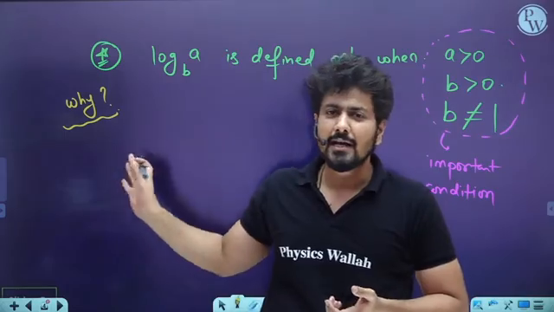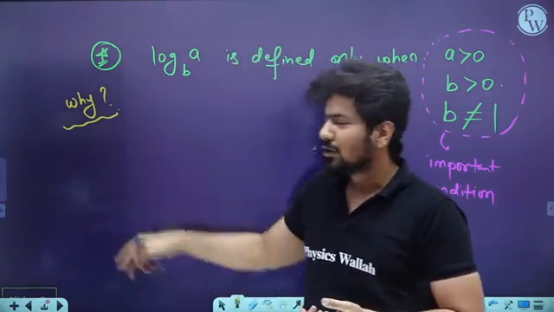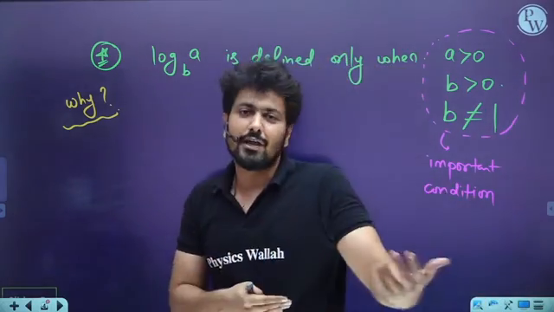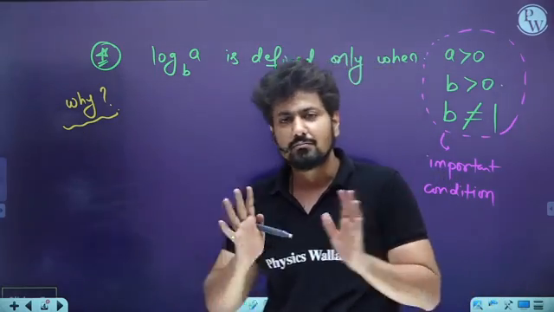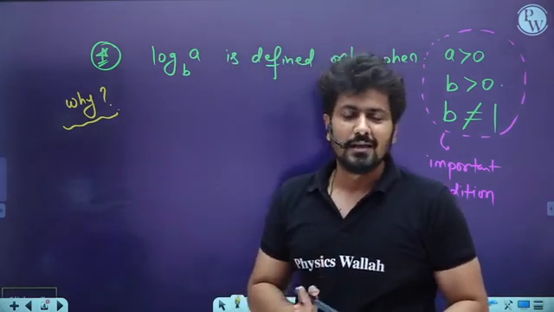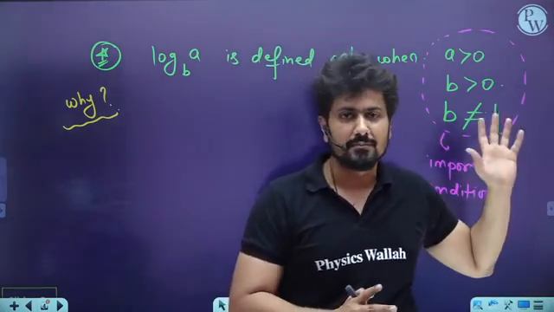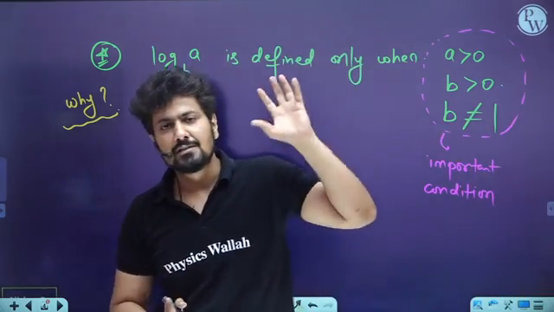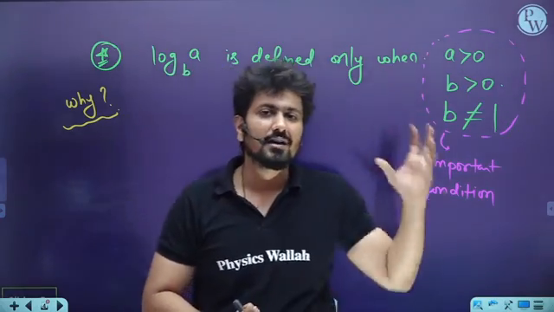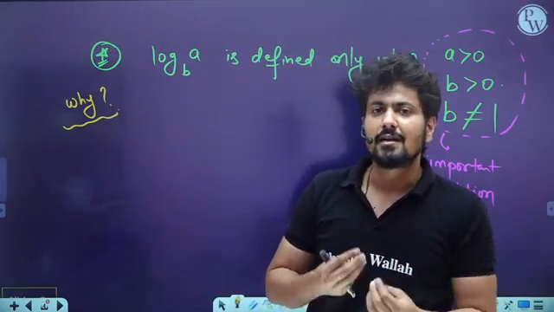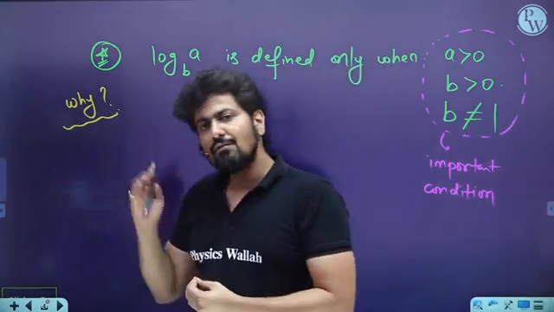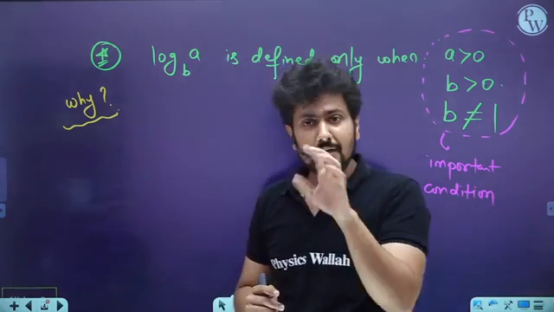I'm just giving you an idea, you don't need to go deep into this. Why not this, why not that, you don't need to go into that for now. When you study functions and the graph of logarithm, you will be able to understand why this happens. But I'm just giving you a little bit of idea.